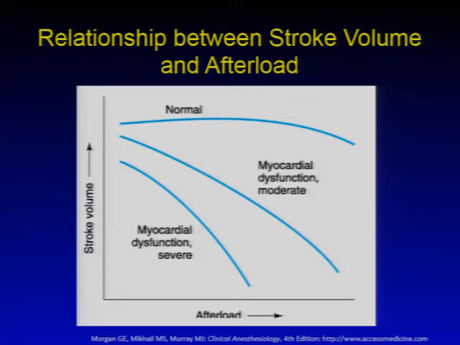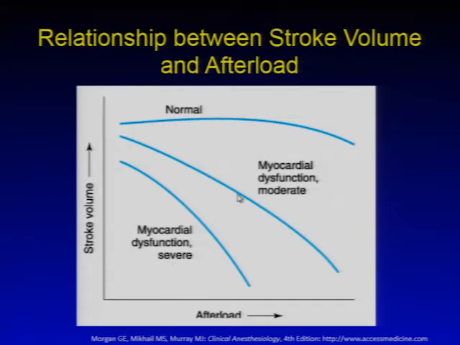As afterload increases, stroke volume will typically be maintained for a certain amount of time as contractility can increase to overcome an afterload that's elevated. However, at a certain point, if the systemic blood pressure becomes so elevated, the heart will not be able to eject.